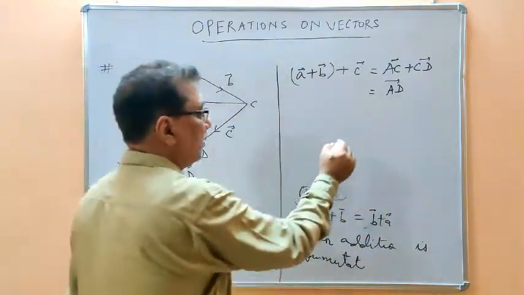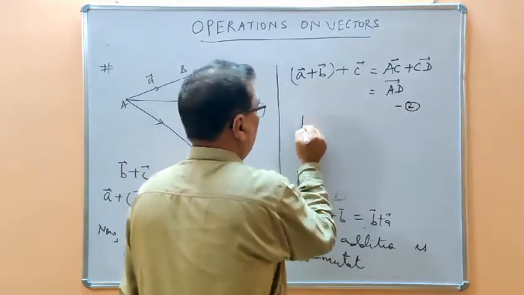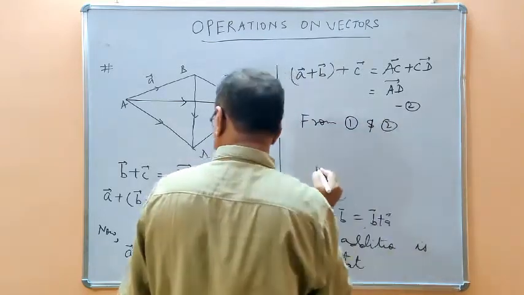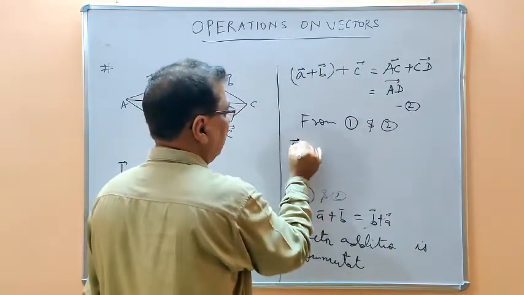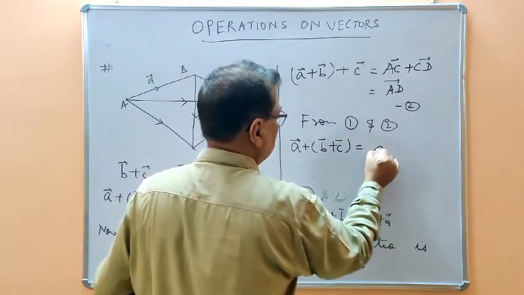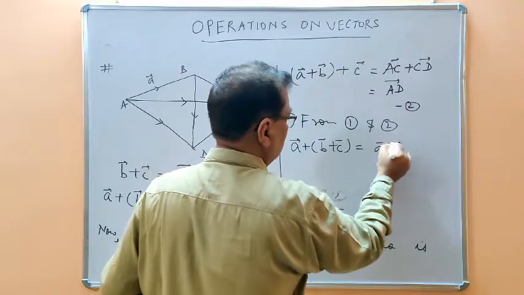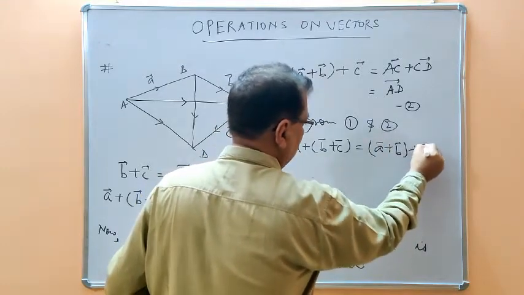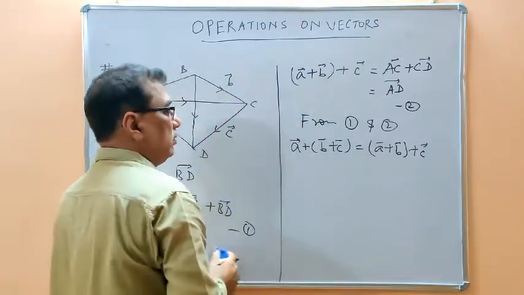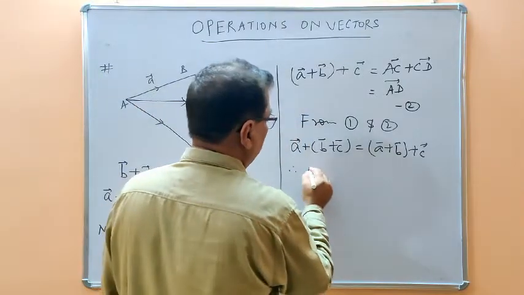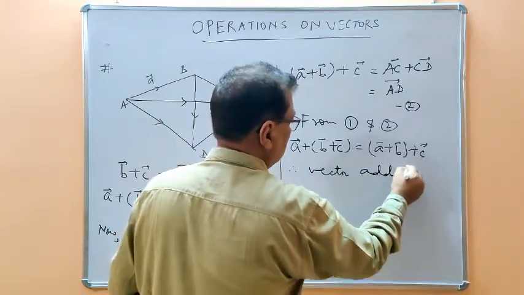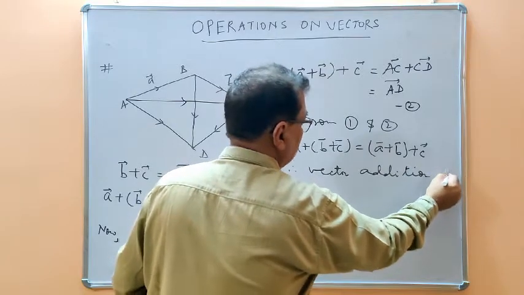So again, if you compare 1 and 2, we get A plus B plus C in the order A plus (B plus C) is equal to (A plus B) plus C. And this is called the associative law of vector addition. So we can say that vector addition is associative.